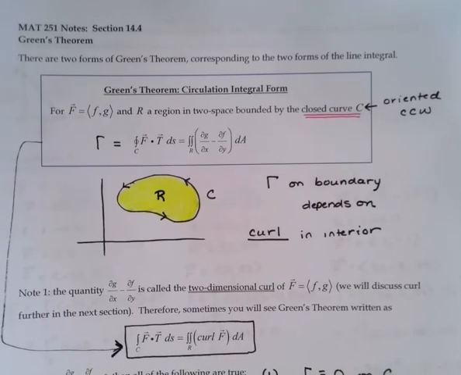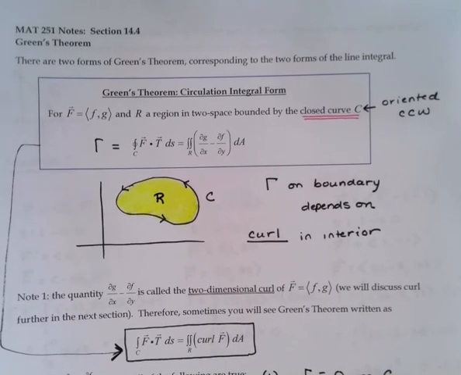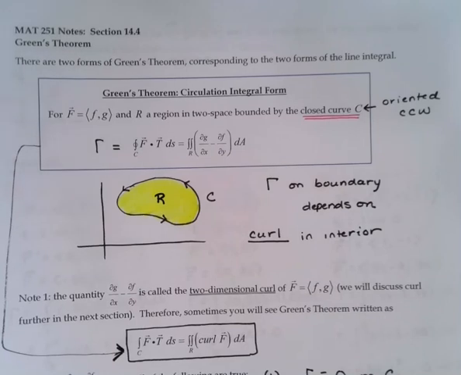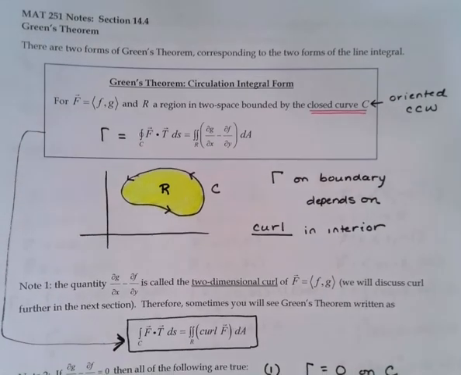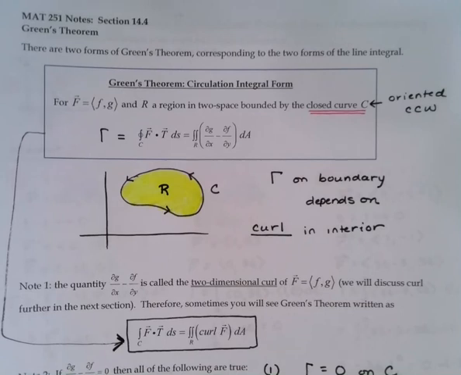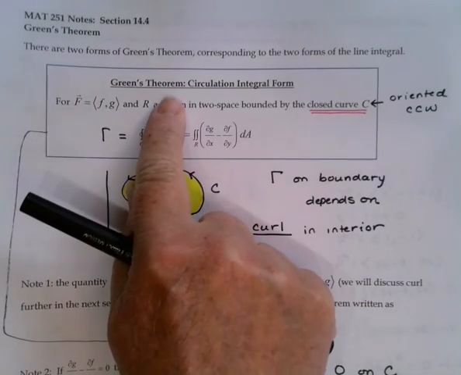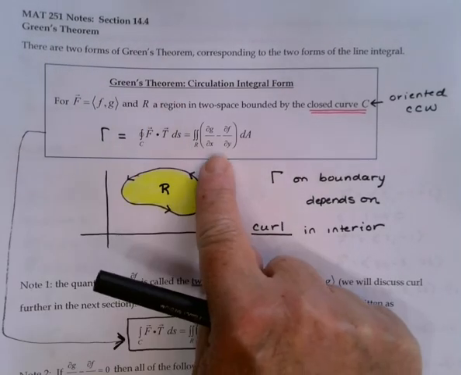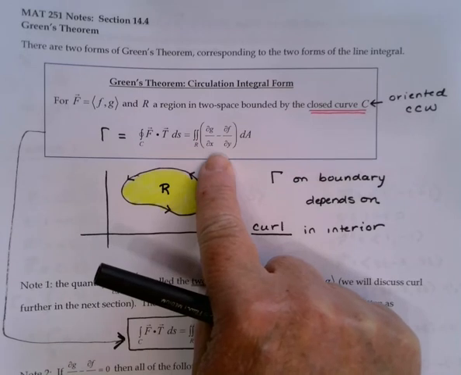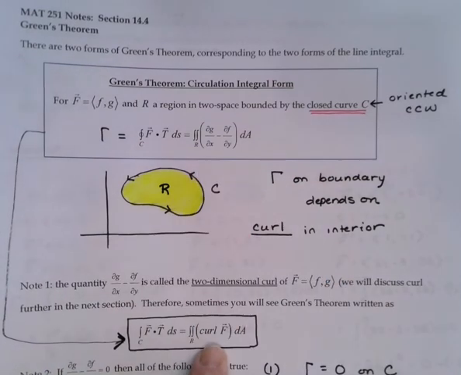All right, to finish out this section, I'd like to bring all the pieces of divergence, curl, and Green's theorem together. I want to start by reminding you, when we did Green's theorem in the circulation form, we said that the integrand here was actually the two-dimensional curl.